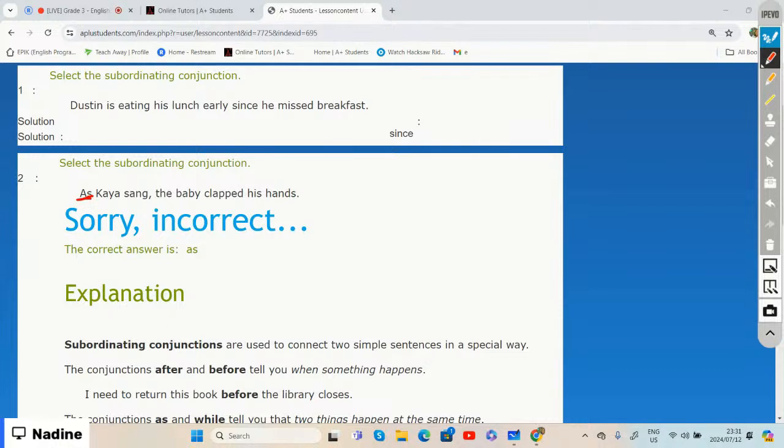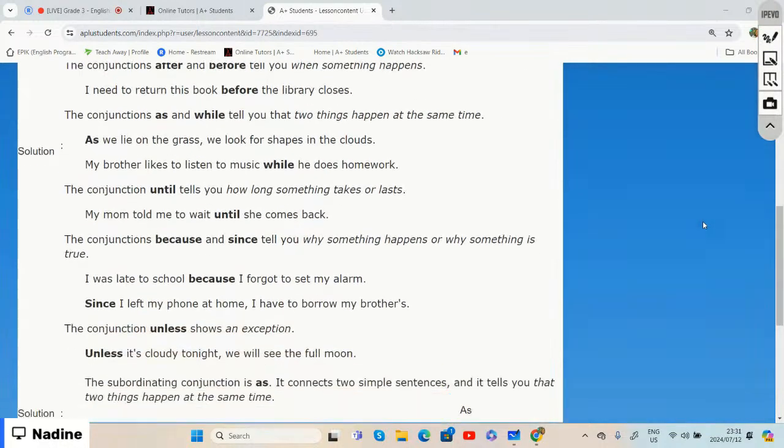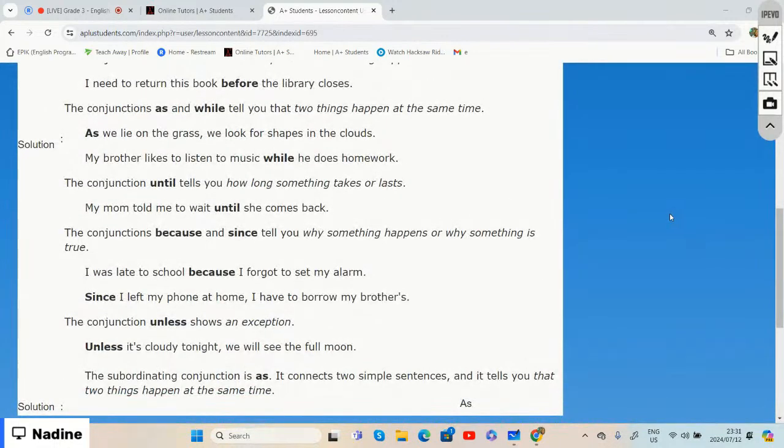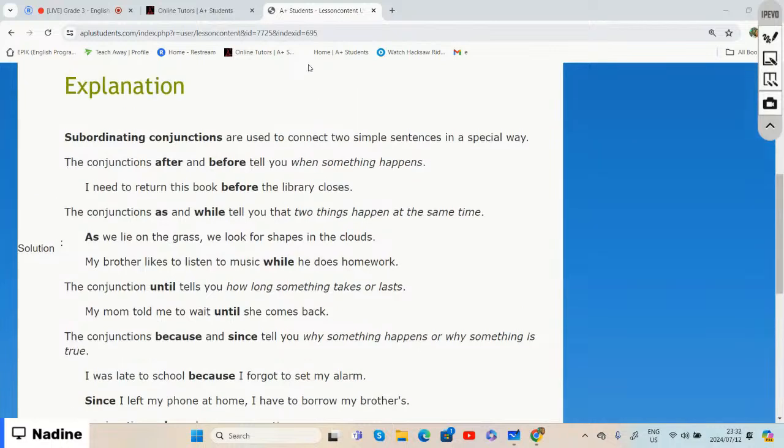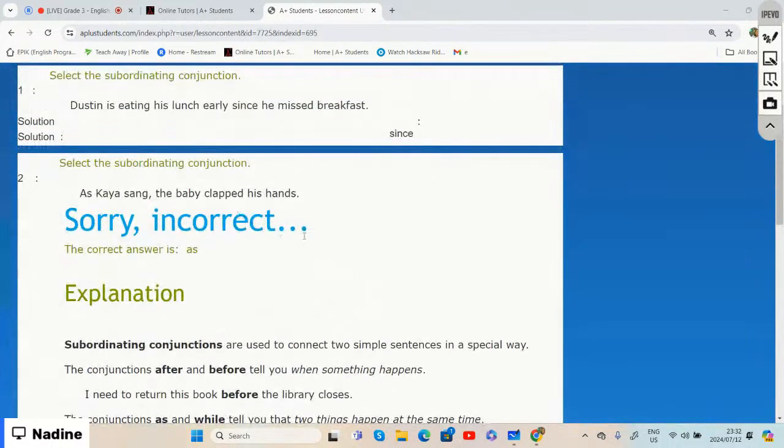As is our subordinating conjunction, and we said that as Kaya sang, the baby clapped his hands.